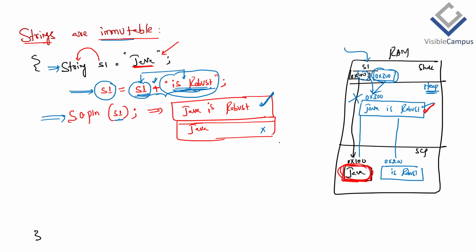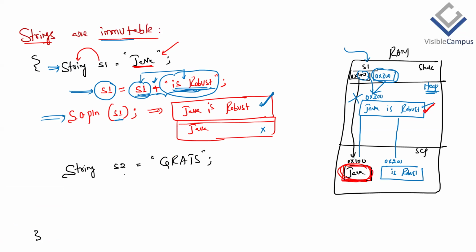That was the first property. To make the second property clearer, I am taking a next example. In my same main method, some string s2 equals, I'll take "GRATS". What's the second property?